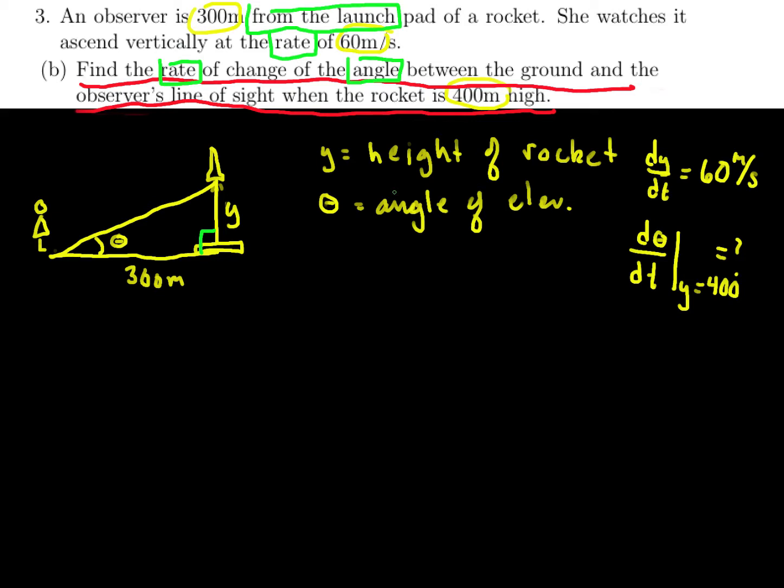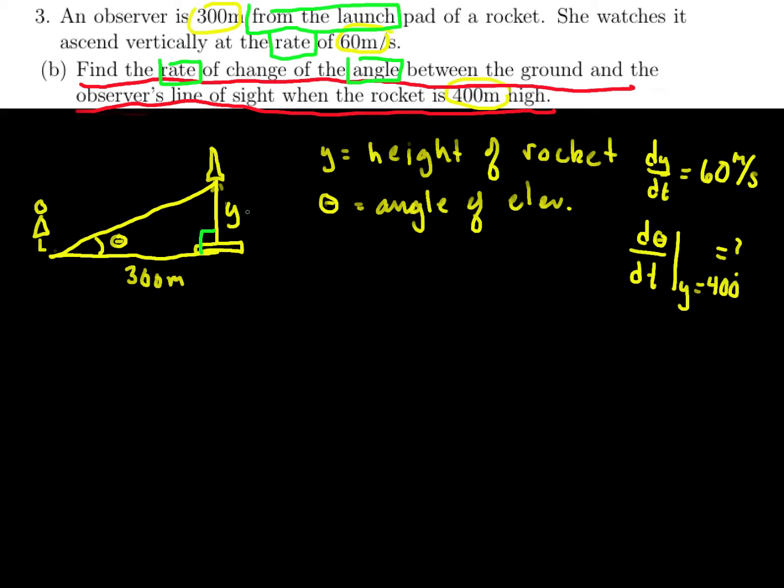So we've organized, and now we need to relate our variables. What is the relationship between theta and y? Well, we still have a right triangle, and there's an angle, so we have our trigonometric identities. Since we've got the opposite side as one variable and the adjacent side is a constant, the trig function best used here would be tangent, right?